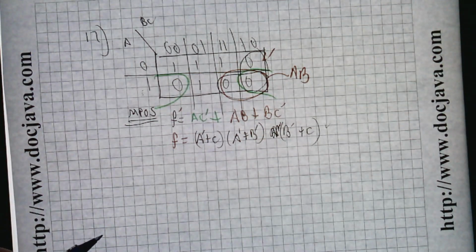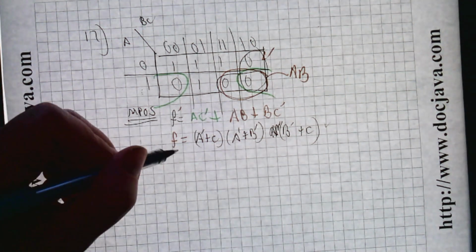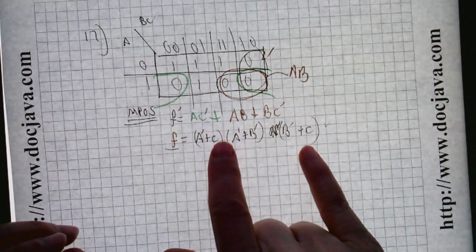You know, it's not something that you do every day, and you can forget this stuff. But with minimum product of sums, when you circle the zeros, you're getting a minimum sum of products for F prime. But when you want to get the minimum product of sums, just use De Morgan's theorem on the minimum sum of products, and you will get F, the non-inverted version, and you'll get the product terms.